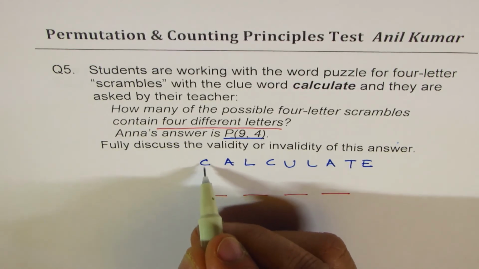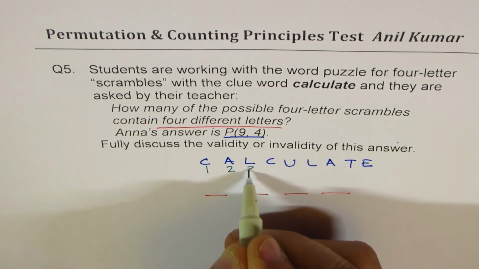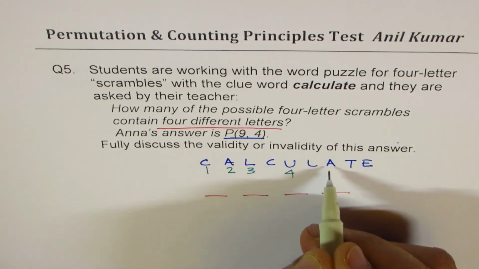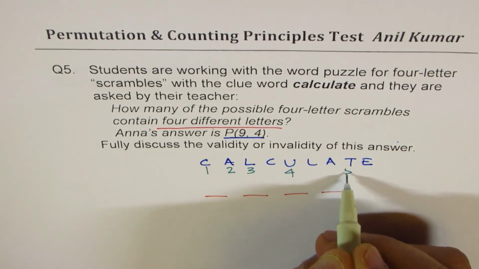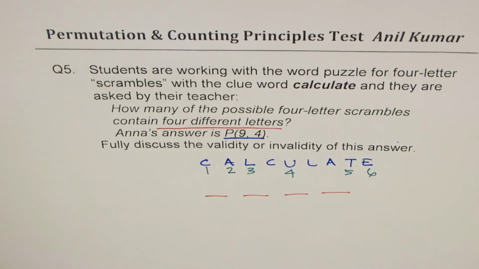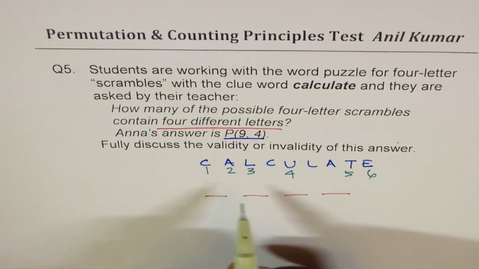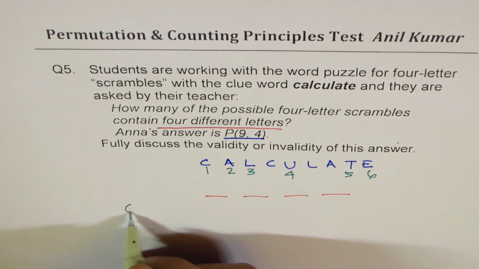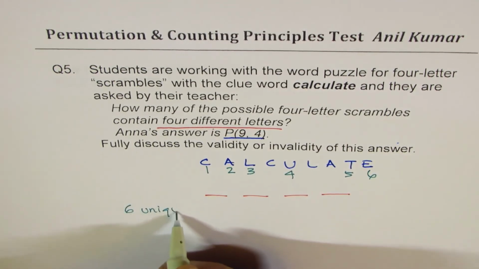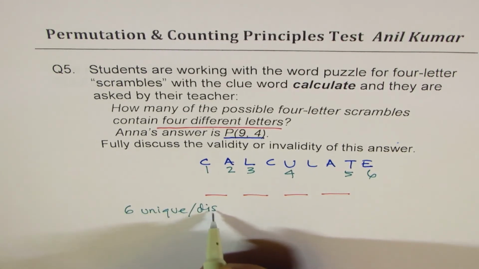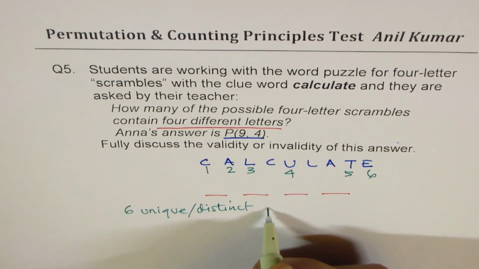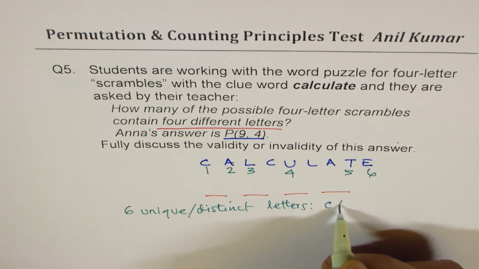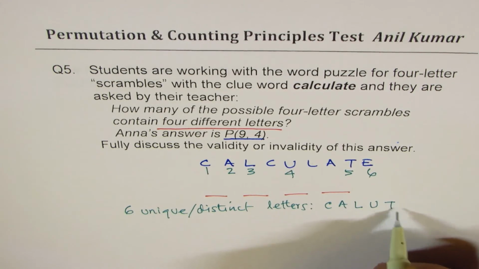So C, so we have 1, 2, 3. C's we have already taken. 4, L we have already taken, A we have already taken, 5 and 6. So basically you will observe that there are 6 unique, or you can say distinct, letters, which are C, A, L, U, T and E.